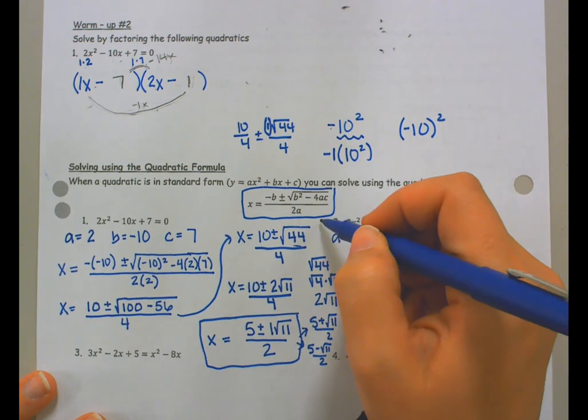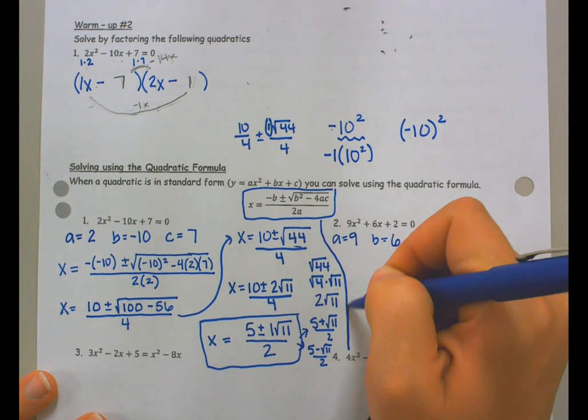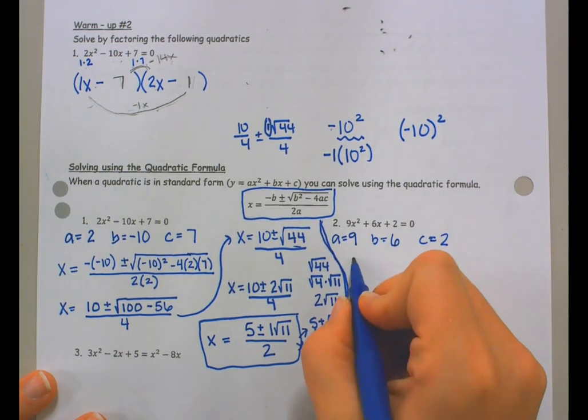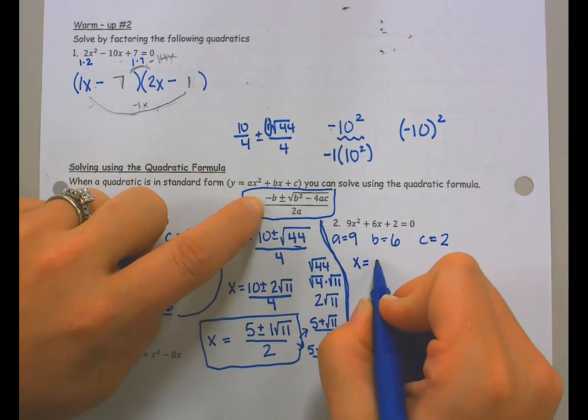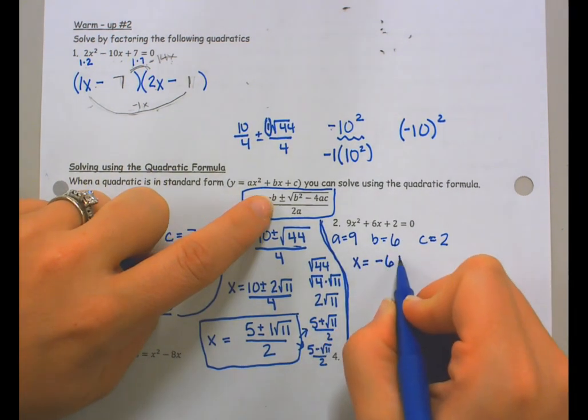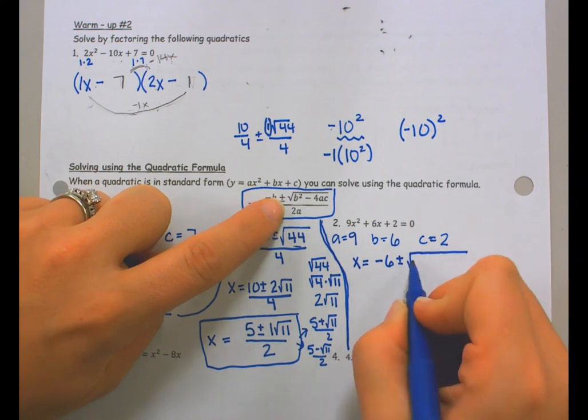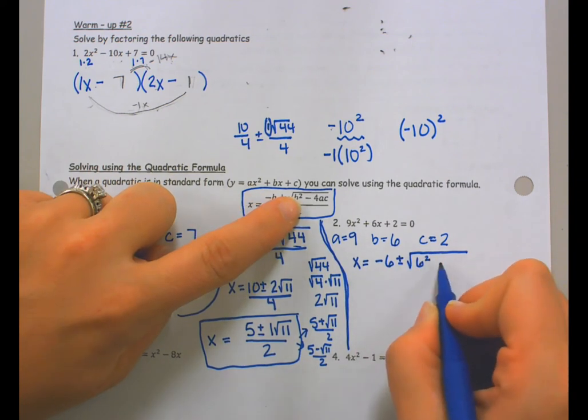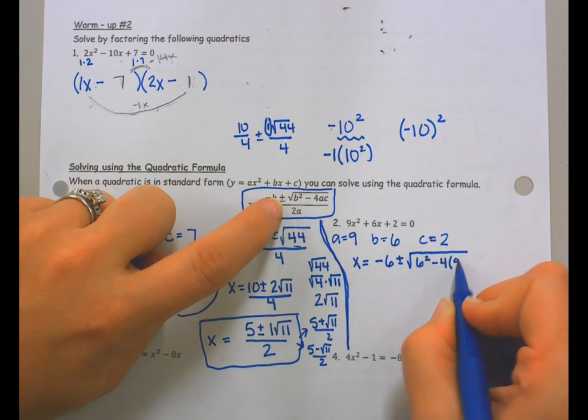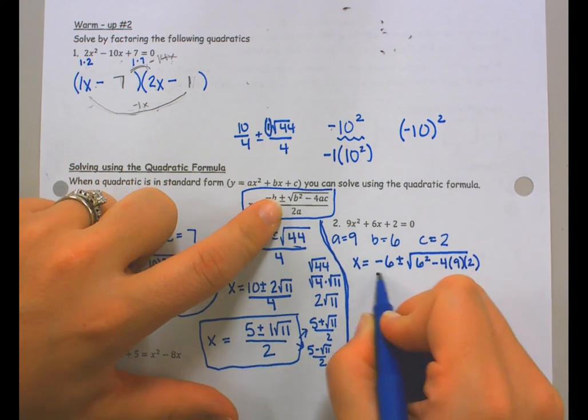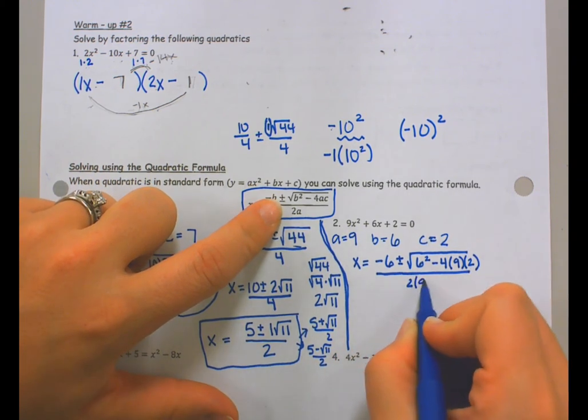So now that I have that, I can plug that into my quadratic formula. So I'll have x equals negative b, so negative 6, plus or minus the square root of 6 squared minus 4 times 9 times 2, all over 2 times 9.